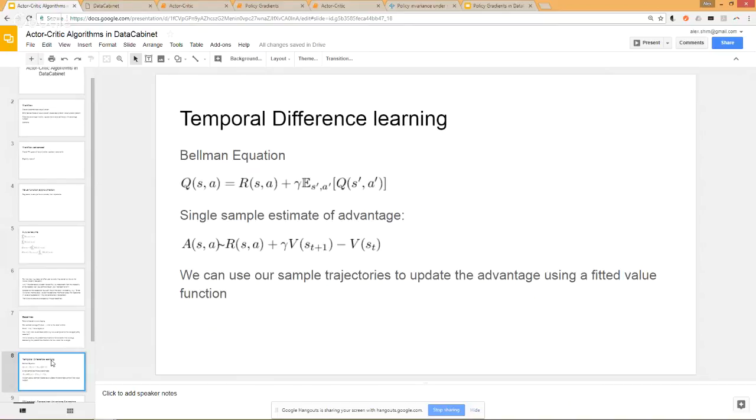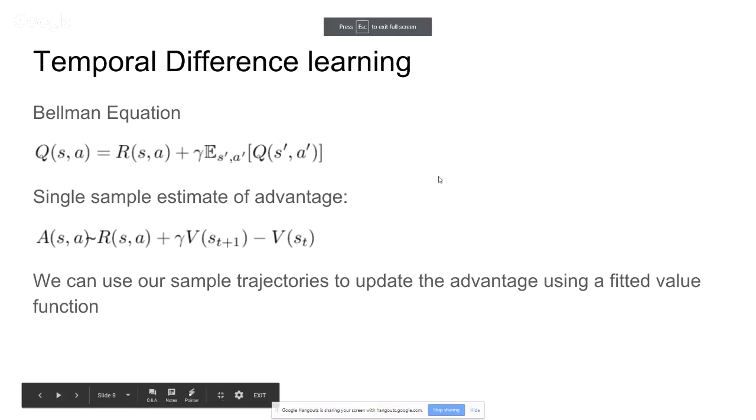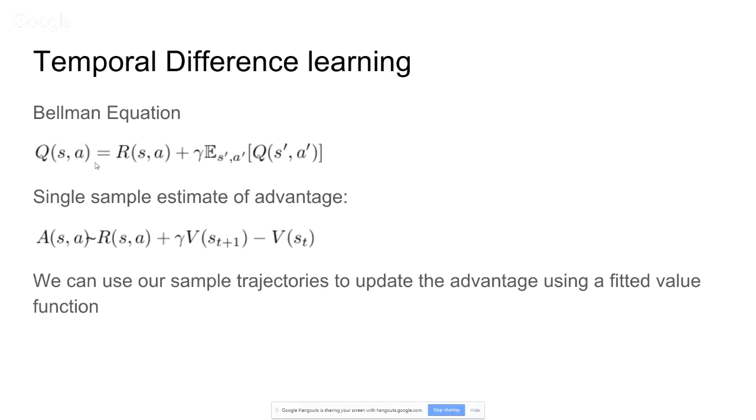And this brings us to a very important equation, the Bellman equation. The Bellman equation is for both state value functions and state action value functions, so the V function and the Q function. They're slightly different, but in both cases you have a very similar format.